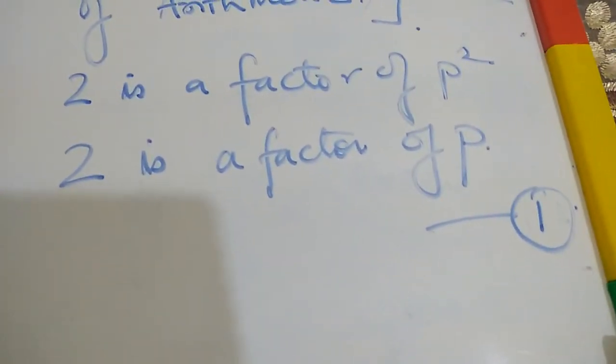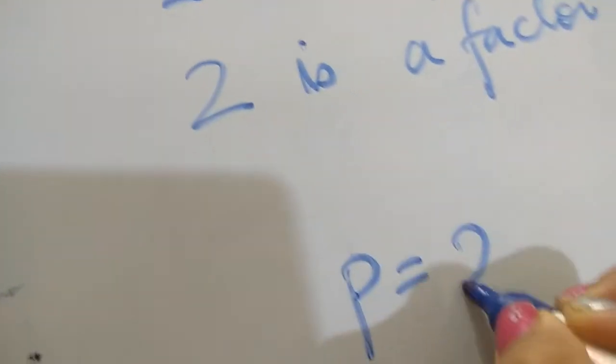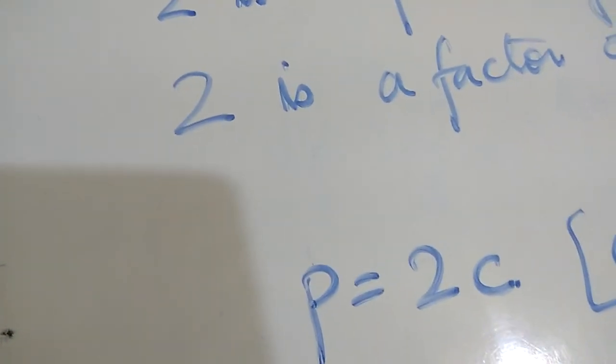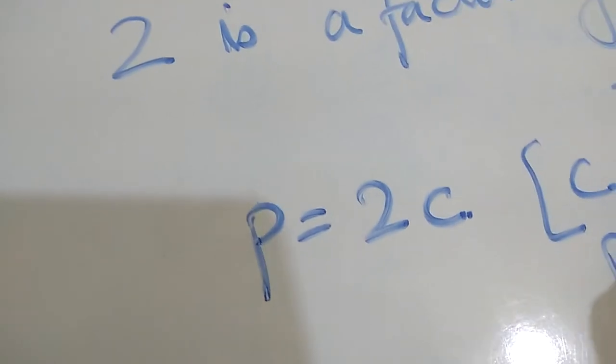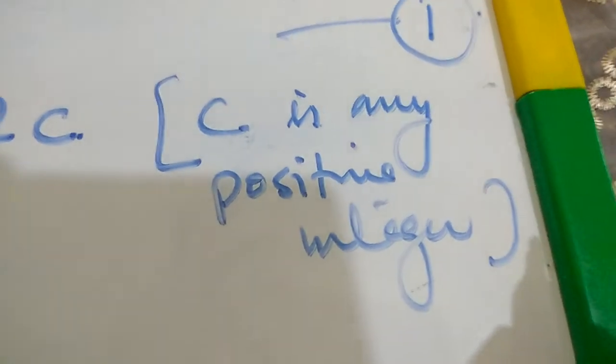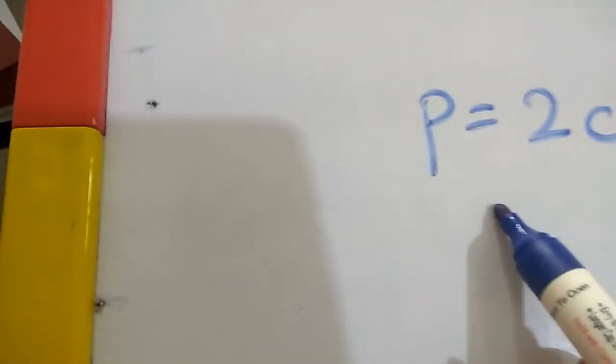That 2 is a factor of p. Now I will do a substitution. I will take p equal to 2c, where c is any positive integer. Now I will substitute this value of p in the equation above.